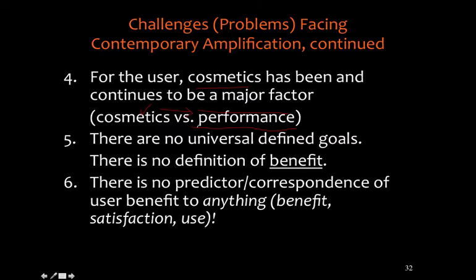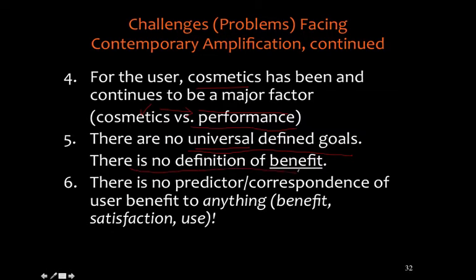Item number 5, there are no universally defined goals. And again, that shouldn't be that much of an issue. As we've talked about, how can there be universally defined goals if there's so much heterogeneity? So that part of it sort of makes sense. But think about it this way also.